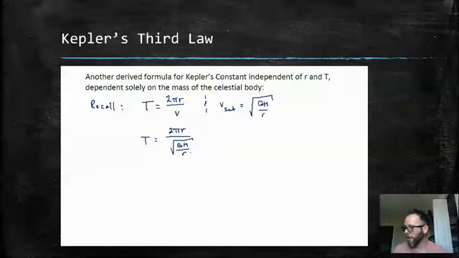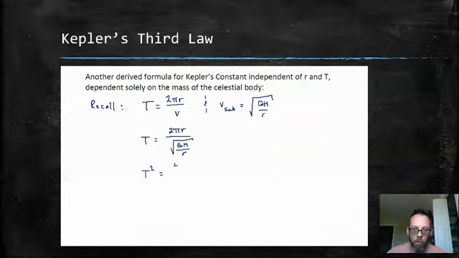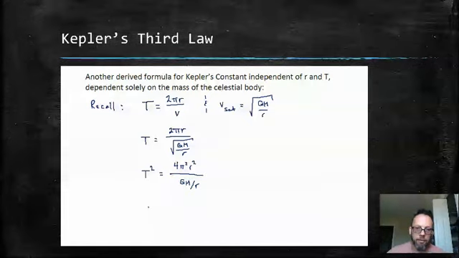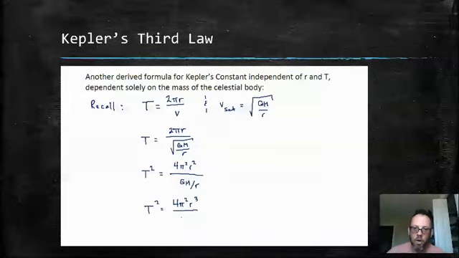And so we're going to just manipulate this a little bit. I'm going to square both sides. So I get T squared. And then on the right, if I square the top, I get 4 pi squared r squared, and squaring the bottom gives me GM over r. I'm just going to do some manipulating here. This is just like dividing by a fraction, and we know dividing by a fraction is like multiplying by the reciprocal. What that does is it multiplies the r up top, and we get 4 pi squared r cubed over GM.